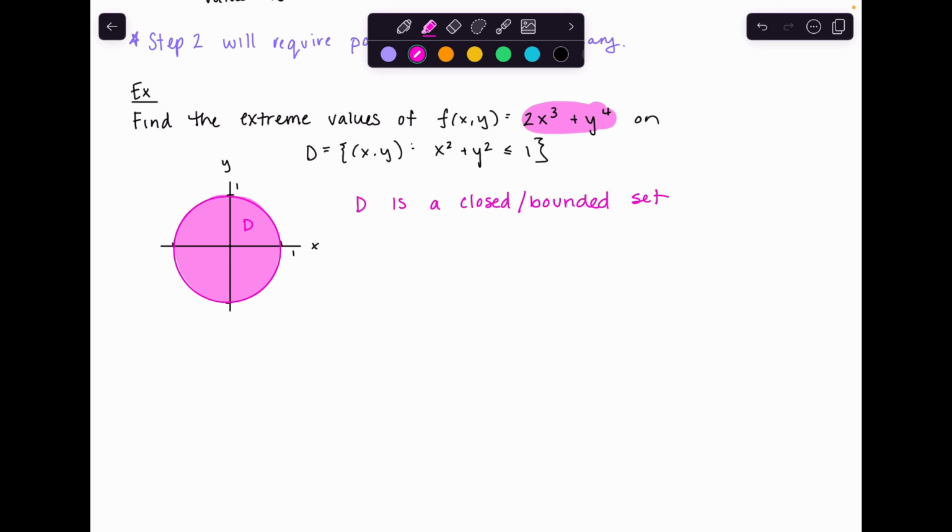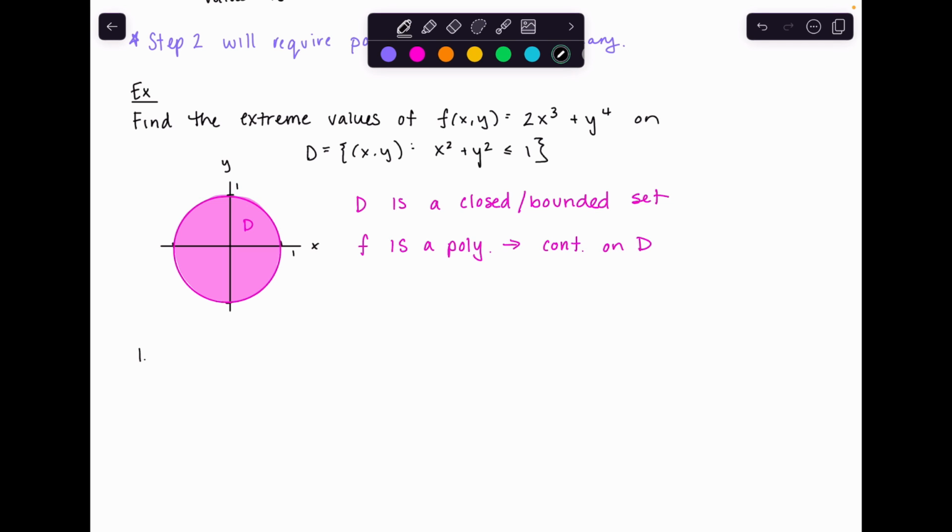That is definitely a continuous function. So here, f is a polynomial, so it's definitely continuous on D. So I am guaranteed that it has an absolute max and min somewhere inside the set D. Could be inside the circle or it could be on the circle.